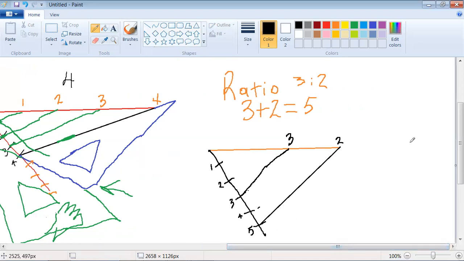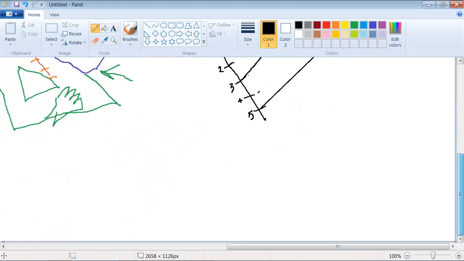Quickly, if the ratio is greater than that, let me give you a bigger one.